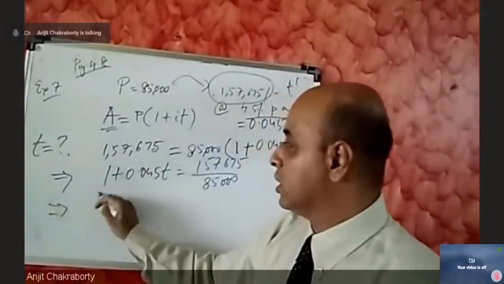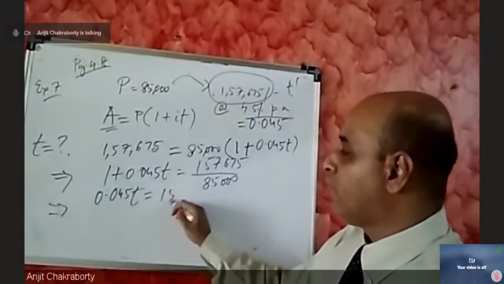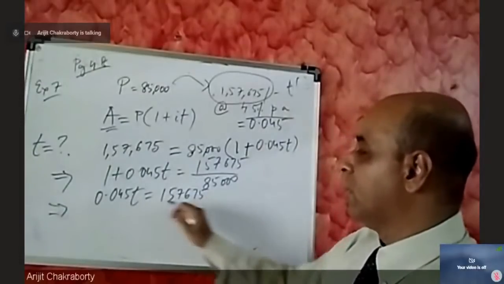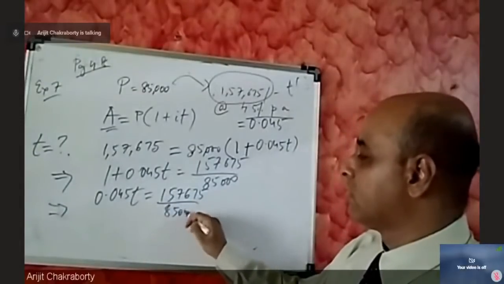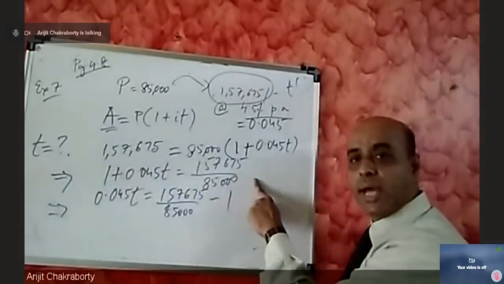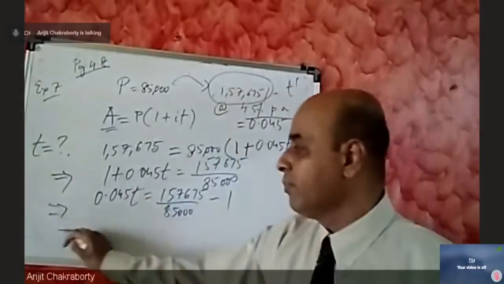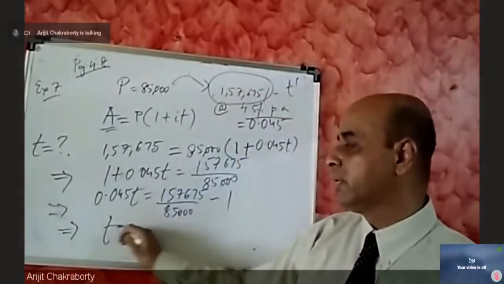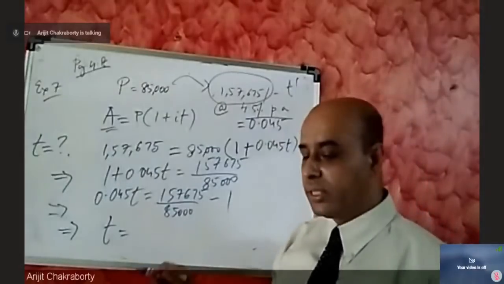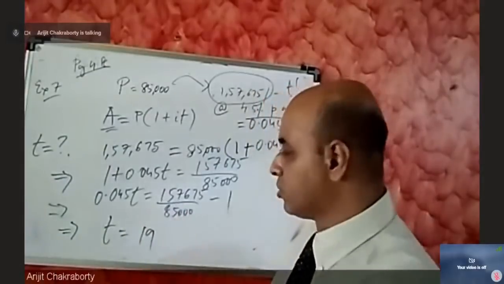Therefore, 0.045 T is equal to 157,675 by 85,000 minus 1. This 1 comes to the right hand side and becomes negative, minus 1. Okay? So from here, if you solve for T, T will come to 19 years. If you solve it with the calculator, it will come to 19 years.